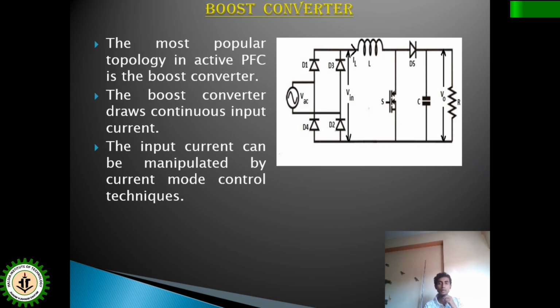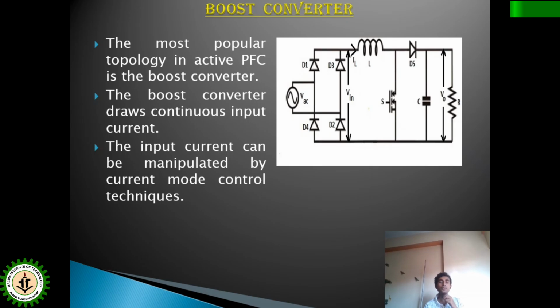Now this inductor current IL will be made to follow a certain reference waveform, which will be similar to the rectified DC output voltage, which has the ripples in it. So if the output voltage and the current IL have the same shape, then the input voltage and input current will also have the same shape.